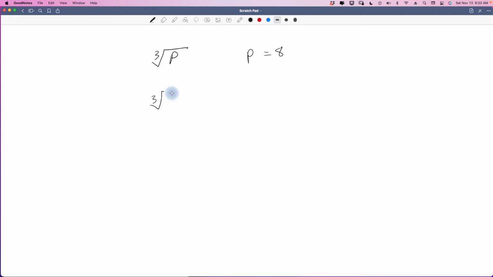So we would say the cube root of 8. We know we can factor 8 into 2 times 2 times 2. Well, that's 1, 2, 3. That's what we're looking for, is 3 of the same number. So the answer to this would be 2. Right? We know how to do that. So then that would mean that p would be equal to 2 once we solved the equation.